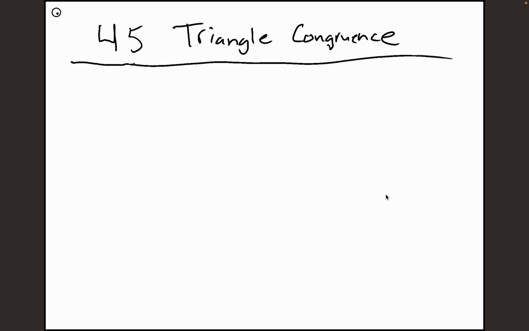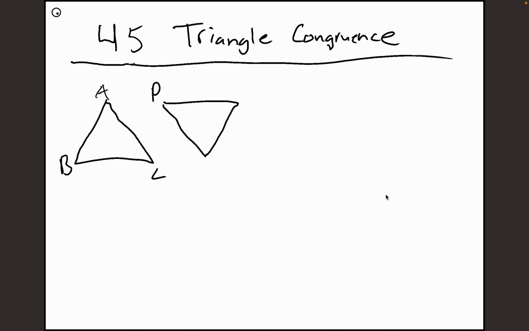Now, with triangle congruence, what we're doing is proving that 2 triangles are congruent based on their sides and angles. I'm going to start with these 2 triangles first, and I'm going to mark the angles right now.